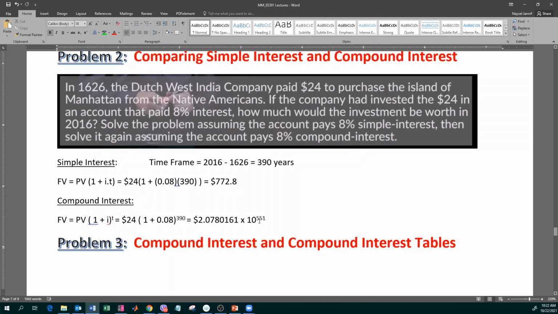I don't know if this is correct. If 24 times 1.08 to the power... Okay, sorry. Okay, this is the correct answer. 24 times 1.08 to the power... Hang on, let me just check one more time.